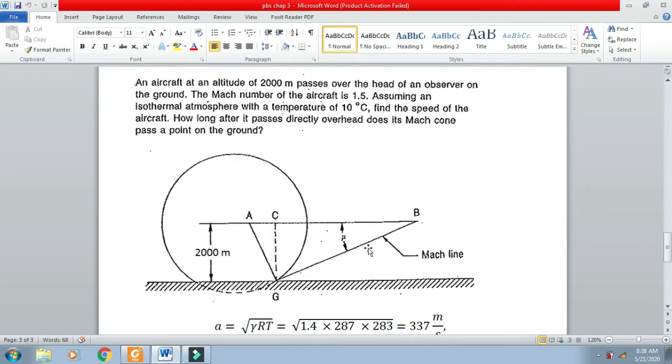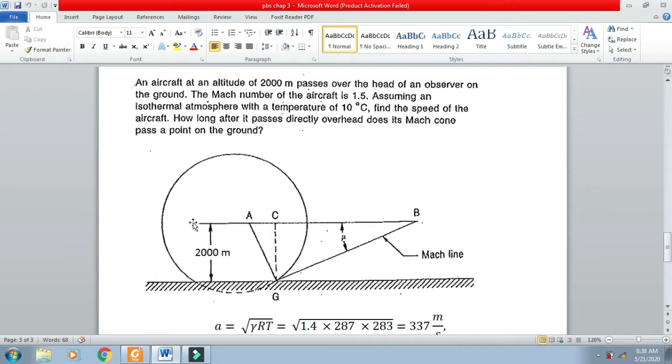So G is the location of the observer on the ground, and the horizontal path of the plane is shown. Now we suppose that when the airplane passes through A, it emits a wave.